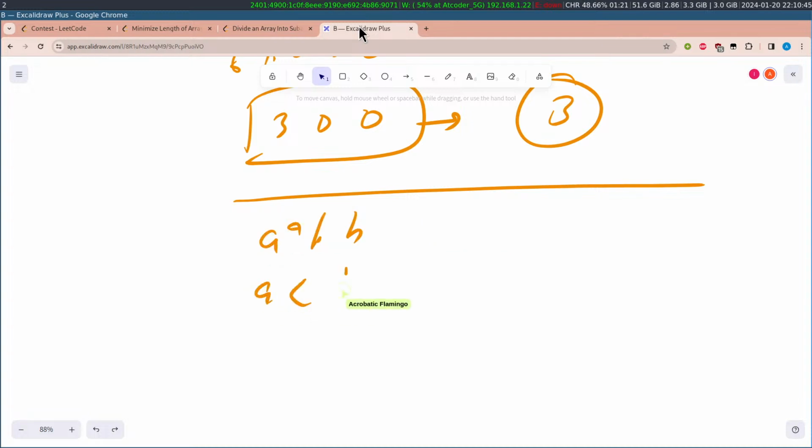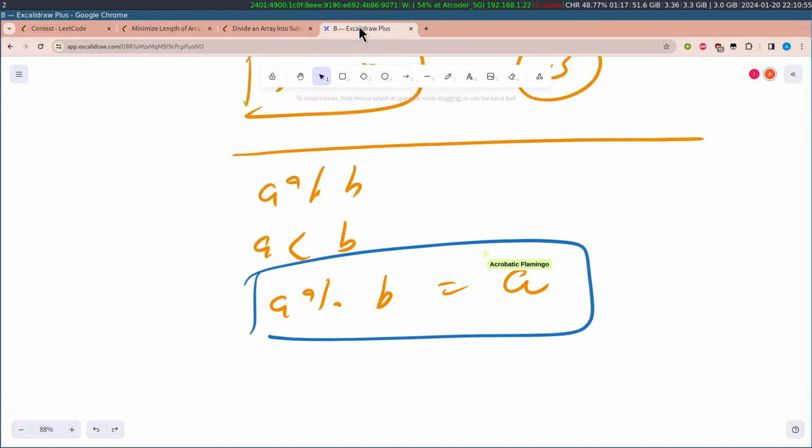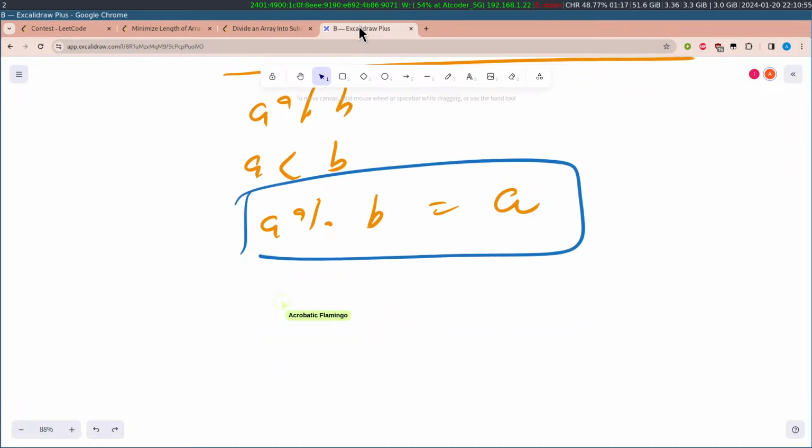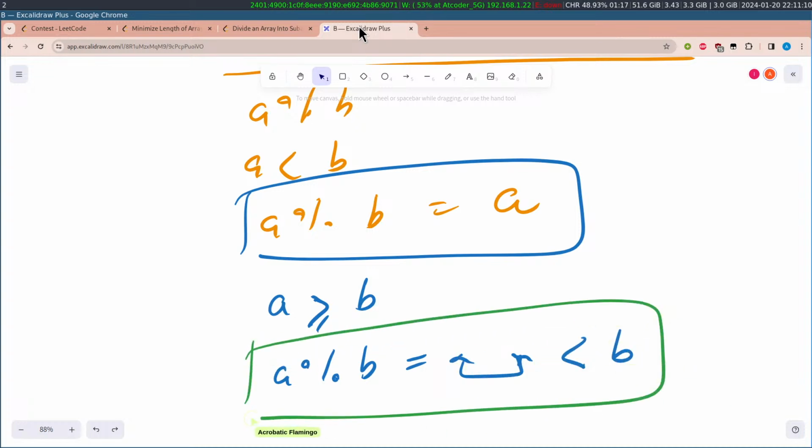If A is less than B, then A mod B remains A. And if A is greater than B, then A mod B is some value which is less than B. So these are the two critical properties over here.